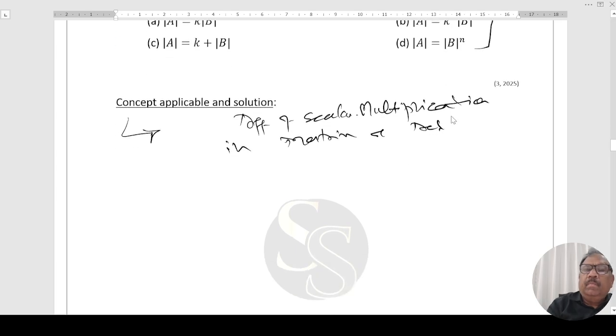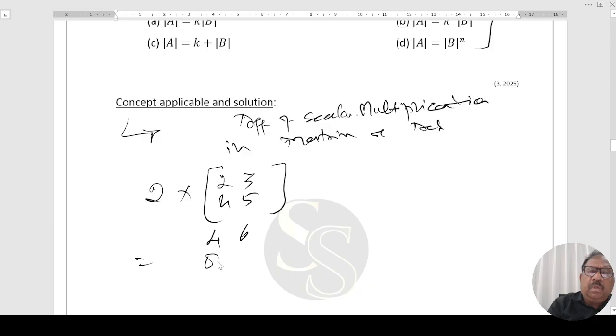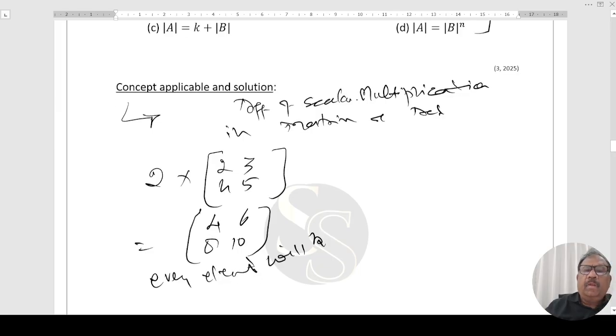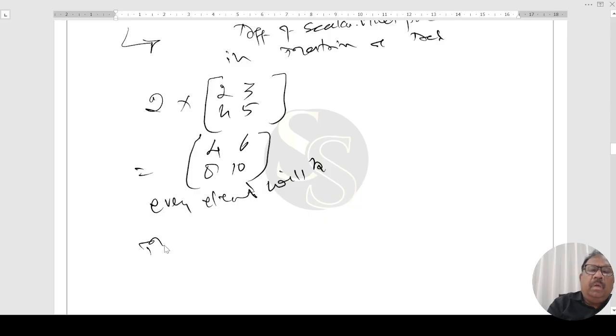Suppose in the matrix 2, 3, 4, 5, if you multiply by 2, then this will be 4, 6, 8, 10. Means every element will be multiplied by 2. That is scalar multiplication.